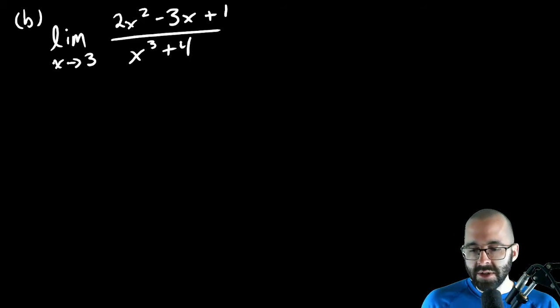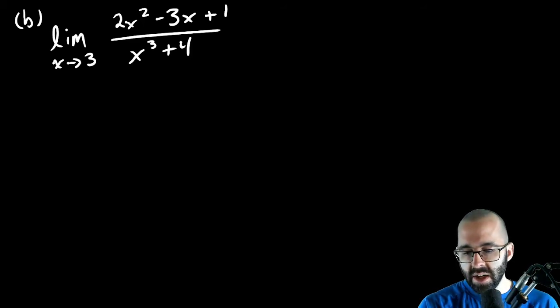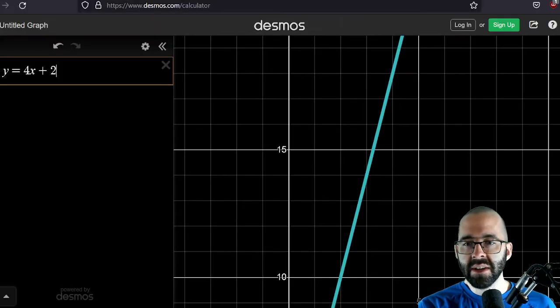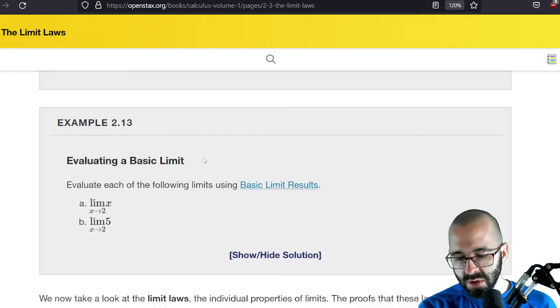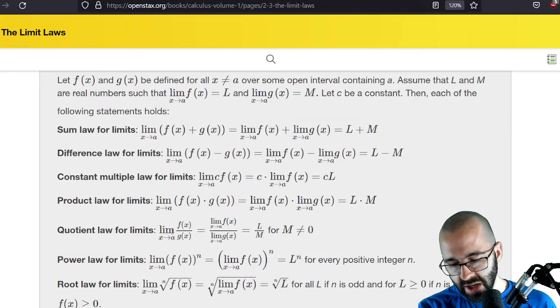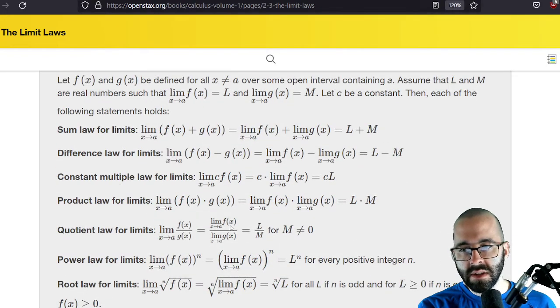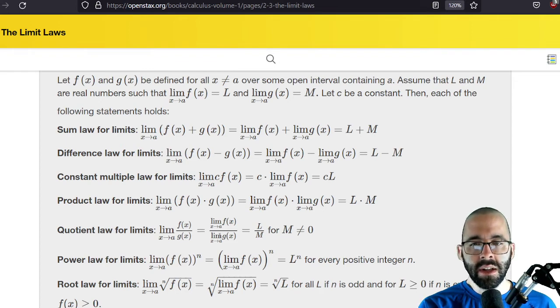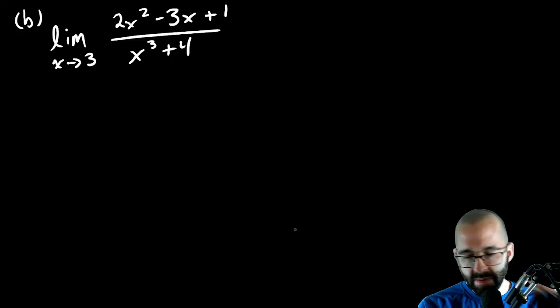Okay, so to start off, we have to use the quotient rule. We have something divided by something else. We go over to the quotient rule and it says the limit of a quotient is the quotient of the limits, as long as that bottom is not equal to 0.